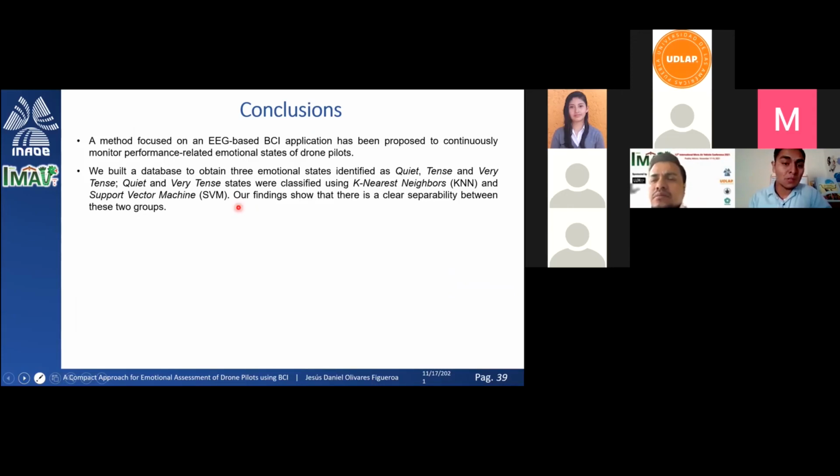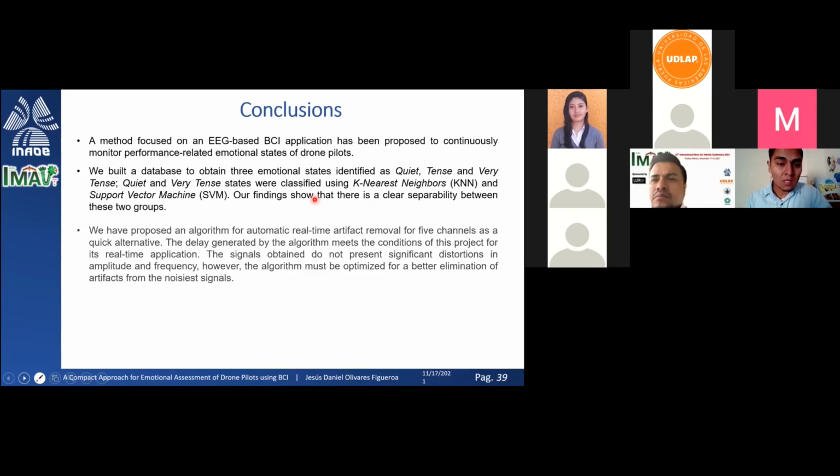And our findings show that there is a clear separability between these two groups. The delay generated by the algorithm for automatic real-time artifact removal meets the condition of this project for its real-time application. However, it must be optimized for better artifact elimination.